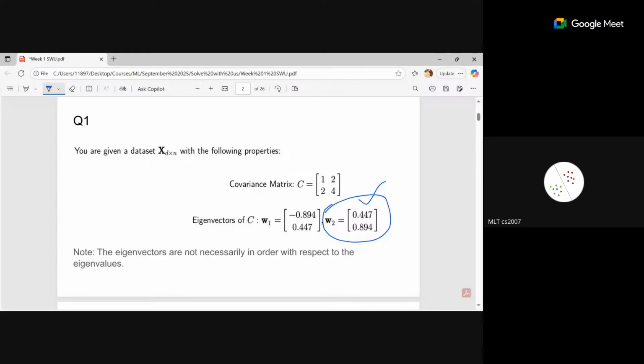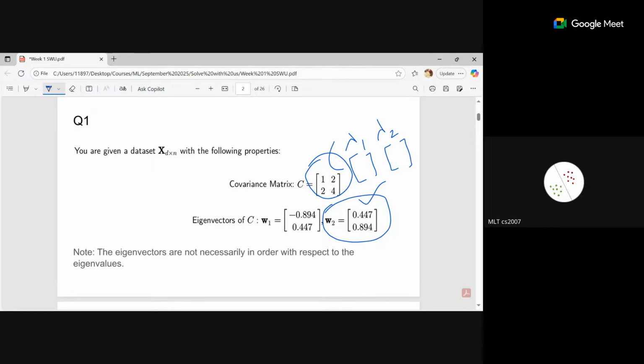You have this covariance matrix given to you, and you will find the eigenvalues lambda 1 and lambda 2, and corresponding to lambda 1 you will find W1, and corresponding to lambda 2 you will find W2. Then you again have to find the principal component.